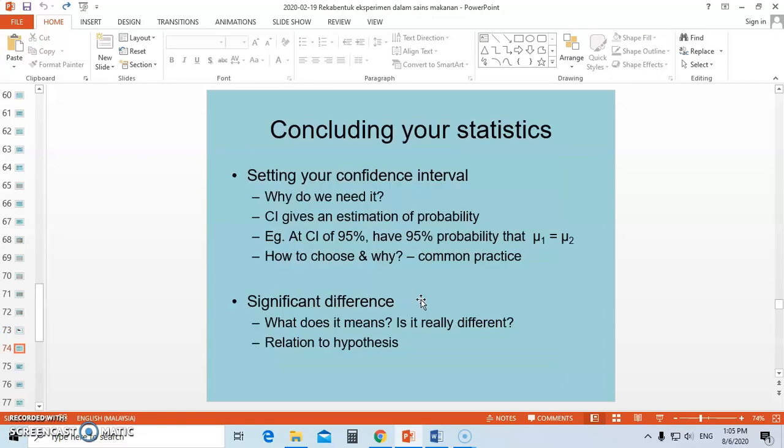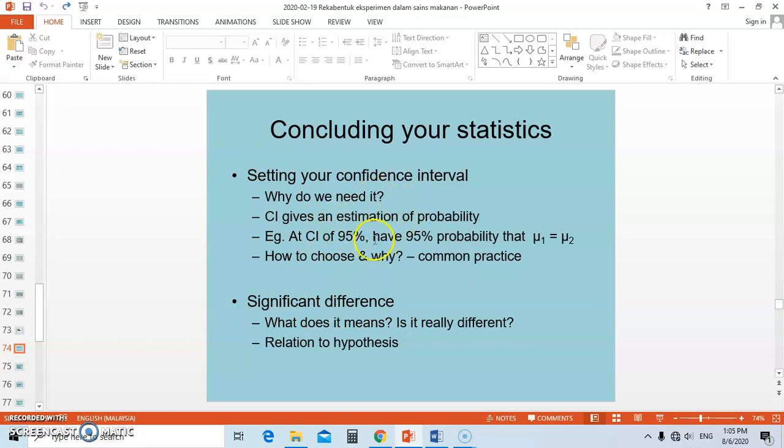Now after you have done your data analysis, how do you conclude your statistics? First of all, we need to determine our confidence level.